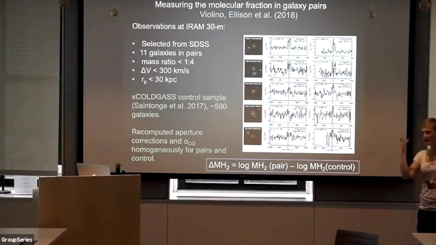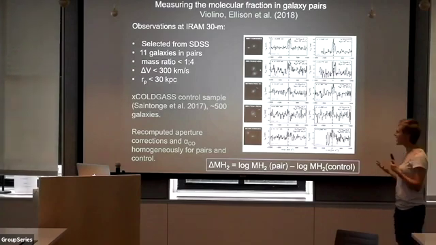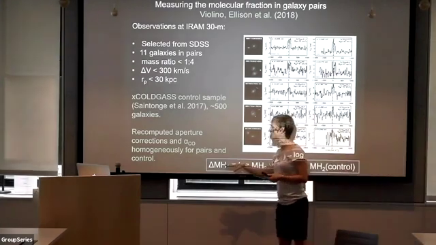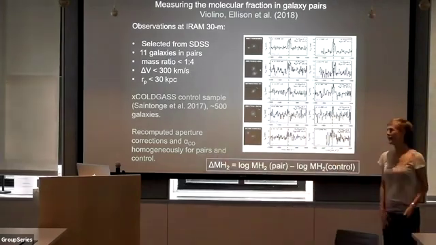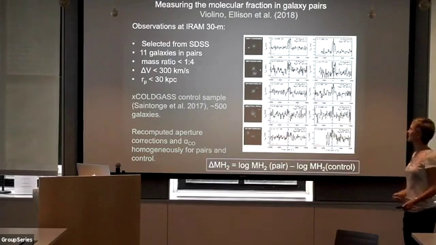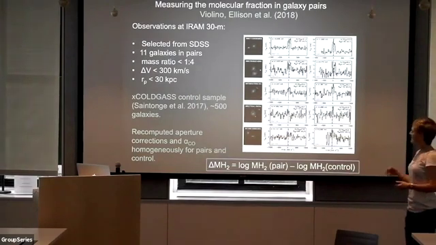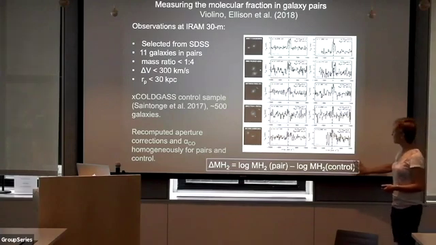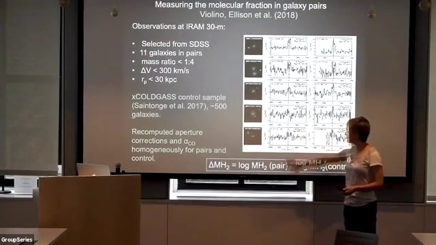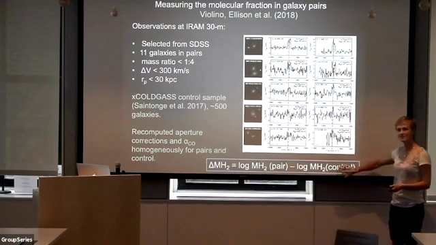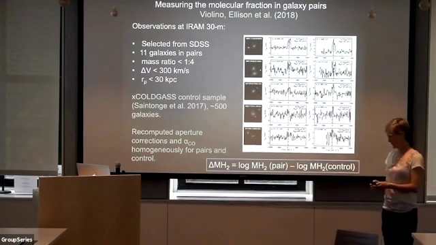Once again, we had a control sample, and we tried to be very careful about things like aperture corrections and conversion factors, which, if I was talking to a mainly observational audience, they always ask about. A small sample, but nonetheless, we'll do the controlled experiment of measuring, again, differentially between the mass of molecular gas in our 11 pairs compared to the mass in the control sample.